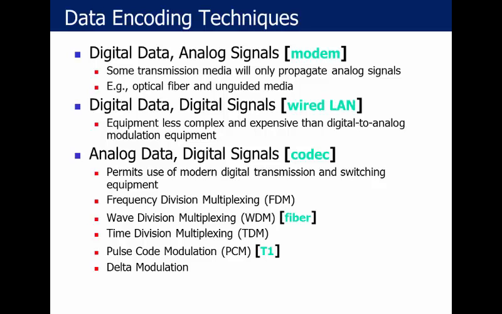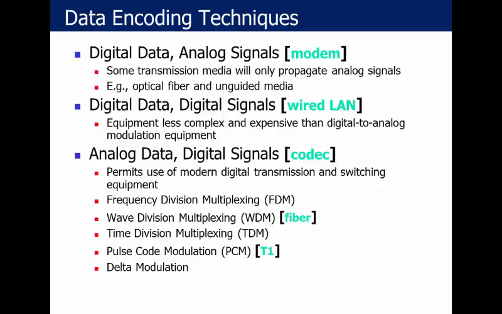out of 4 possible combinations, we're going to look at 3. Digital data over analog signals. Digital data over digital signals. And analog data over digital signals. Usually, in current wireless networks, Wi-Fi for example, that is digital data over digital signals.